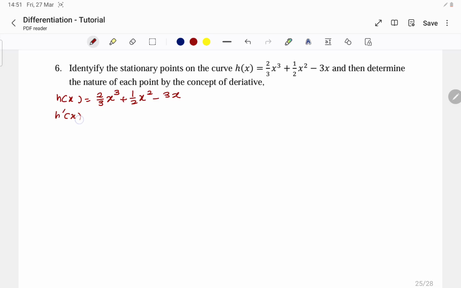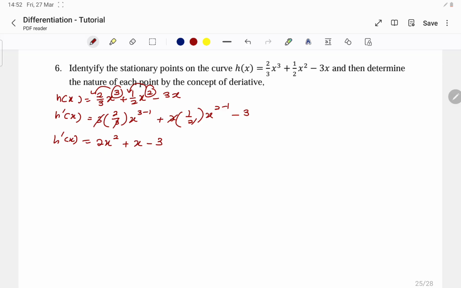Differentiate one time, you bring the 3 in front: 3 multiply 2/3 x to the power of 3 minus 1, plus 2 multiply 1/2 x to the power of 2 minus 1, minus 3. X becomes 3 when differentiated. So you're gonna get 2x squared plus x minus 3.